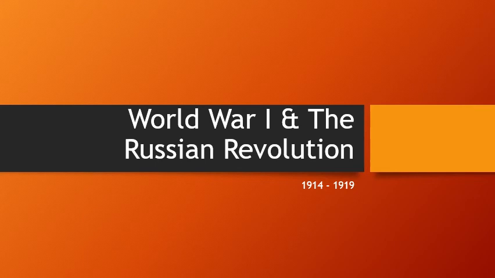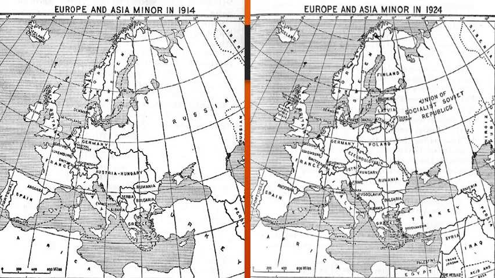The Ottoman Empire being renamed Turkey and being controlled by the British and the French. So lots of outcomes here as a result of the war. The war guilt clause, of course, on Germany being held solely responsible for the war.